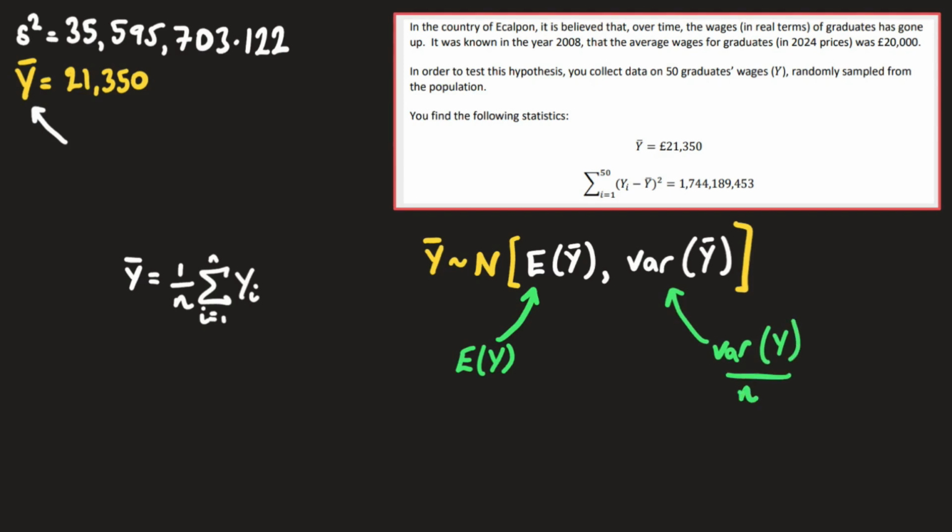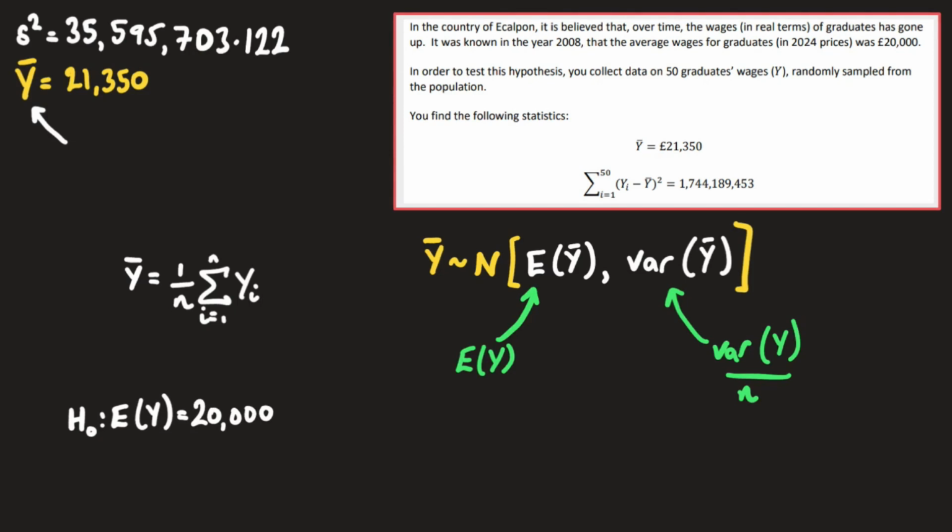Now, when we're carrying out a statistical test, we will often assume that some null hypothesis is true. And an obvious null hypothesis to test here would be that average wages haven't changed. So our null hypothesis might be that the expected value of y is equal to £20,000.